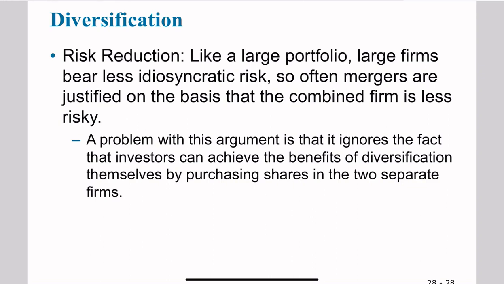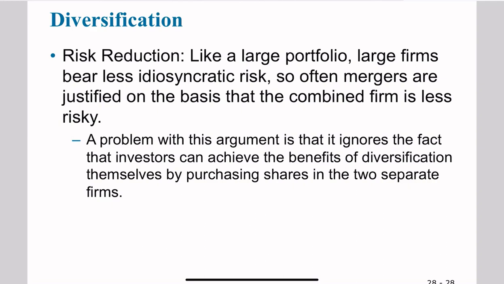But you can see that this argument is not that great. The reason is the same diversification can be achieved by investors themselves, right? Because by merger and acquisition, you're combining smaller firms into a large firm. So you achieve diversification.